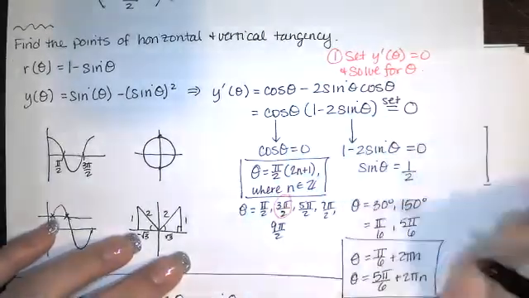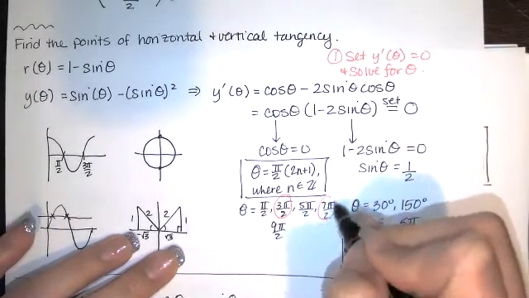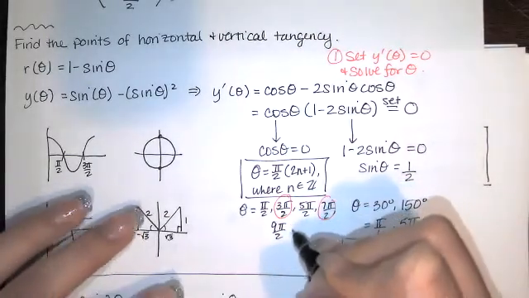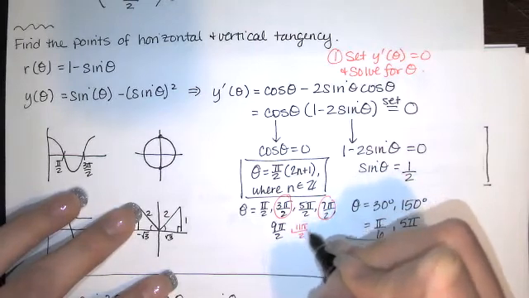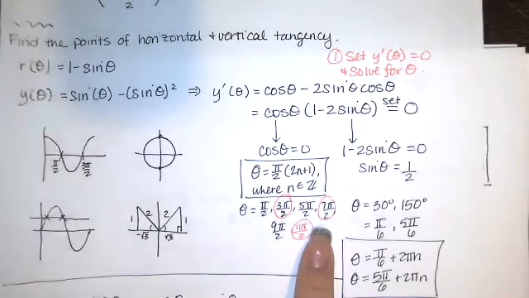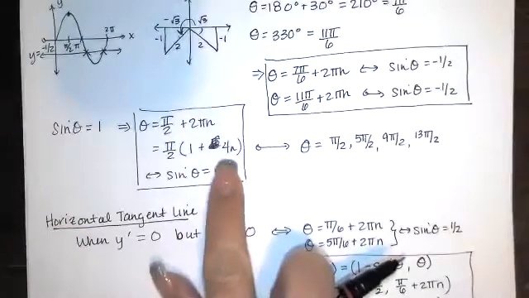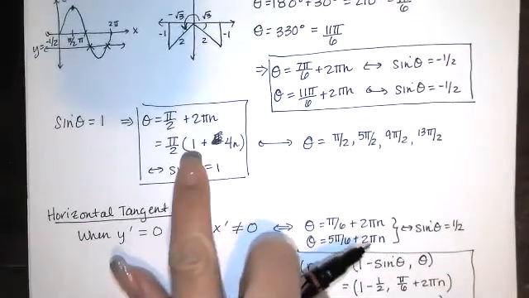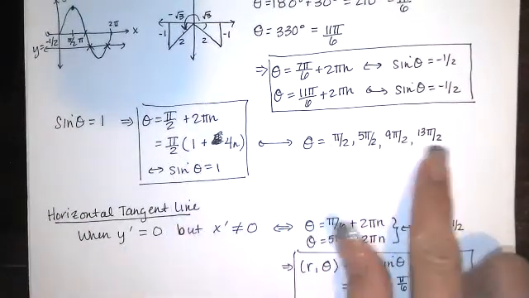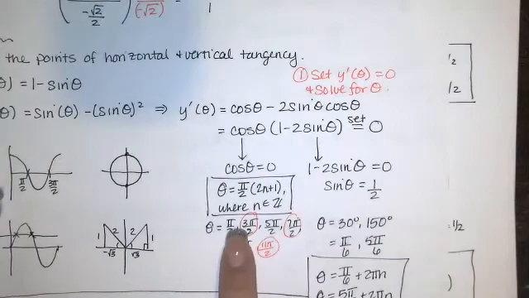So y prime is 0 at 3 pi over 2 and 7 pi over 2 and 11 pi over 2, the one after that, when x prime isn't 0 at those multiples of pi over 2. Okay, well, how is that related to this? Well, if I take 4n and I add 1, that gives me these odd numbers. To get these odd numbers, I think I would have to take my 4n and then add 3, wouldn't I?